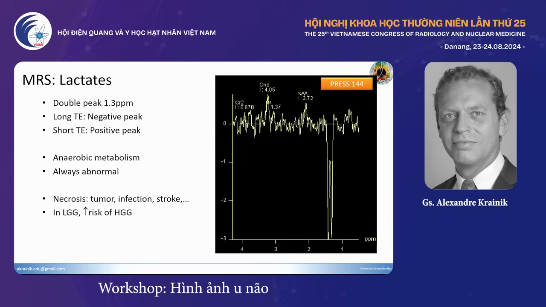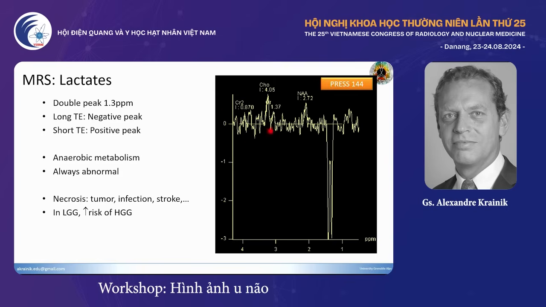Lactate is also a marker of anaerobic metabolism, and something which is quite common in high-grade tumor, but not only. It can also be common in stroke, in infection, and so on. When you monitor glioma and you start to see lactate, usually it means that hypoxic phenomena are starting and it usually turns into a high-grade glioma.